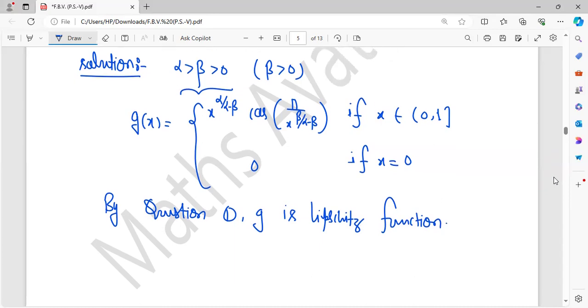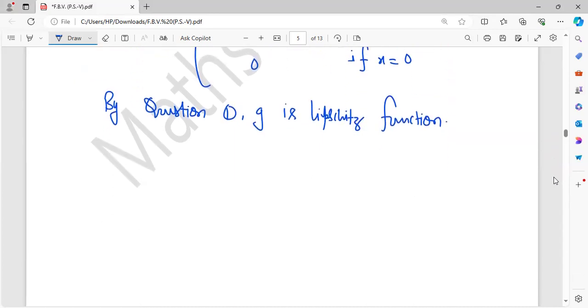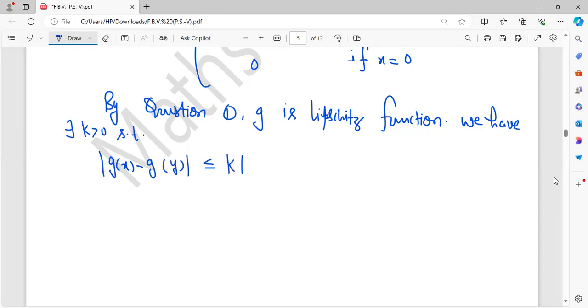If this is a Lipschitz function, we have |g(x) minus g(y)| less than or equal to k times |x minus y|, where there exists k greater than 0. Let's call this equation number 1.